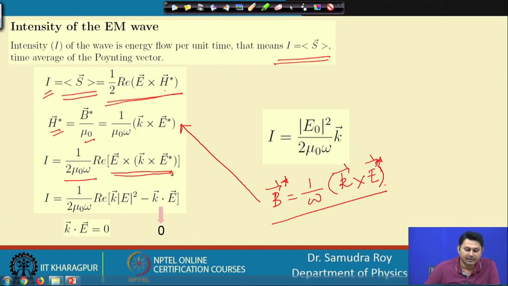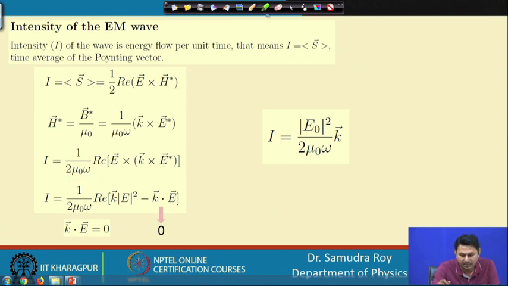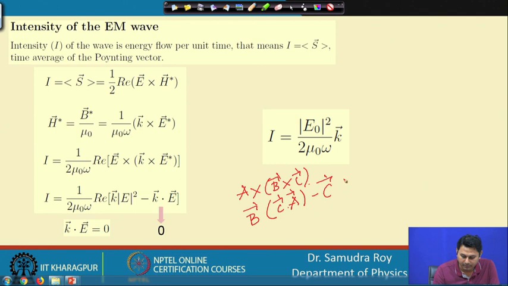If this is the case, then I can expand A cross B cross C. We know that if we expand A cross B cross C, it is something like B times A dot C, minus C times A dot B.